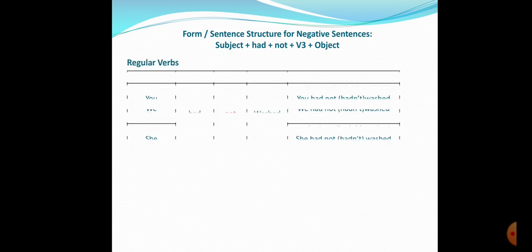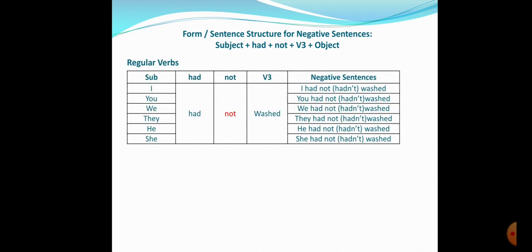So let's now look at forming negative sentences. Negative sentences, obviously you know we have to add not to make it negative. So regular verbs, you can see in the third column, I have highlighted the word not, you add not over there, the rest of the things will remain the same. So you get I had not washed, but the contraction here will change. Now we will combine had plus not, so you get hadn't. Listen to the pronunciation carefully, hadn't.